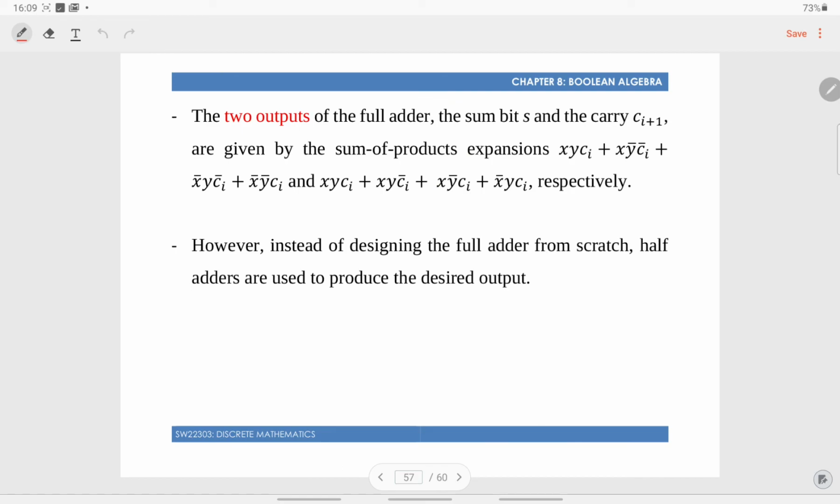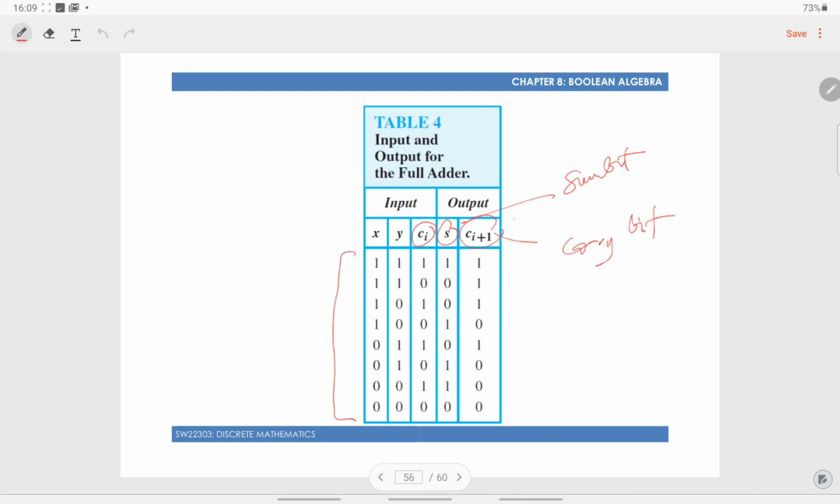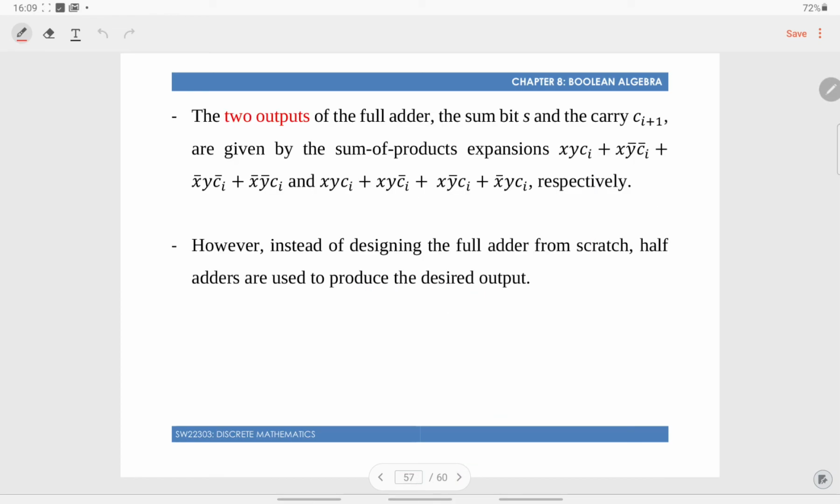The two outputs of the full adder, the sum bit s and the carry ci+1, are given by the sum of products expansion. In order to come out with the expression for s and also the expression for the carry, we need to use the previous methods. We need to use the sum of products to come out with the expressions.